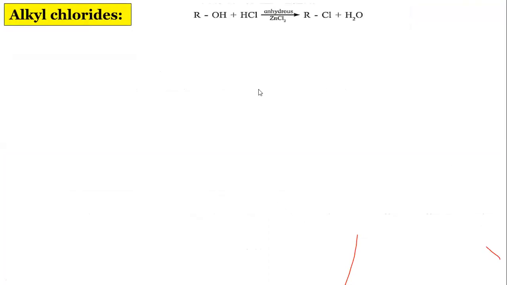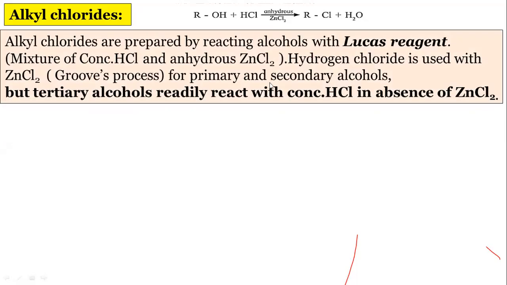Then alkyl chlorides. See, this ROH is converted into RCl by using the reagent anhydrous ZnCl2. This is a special type of reagent.